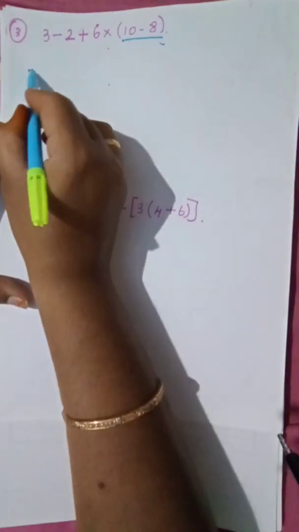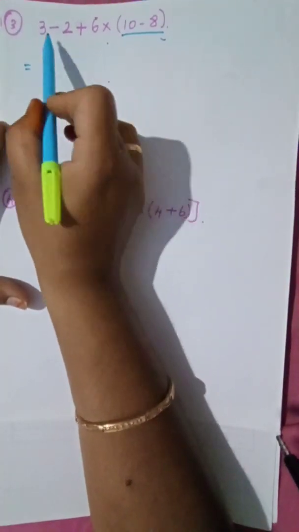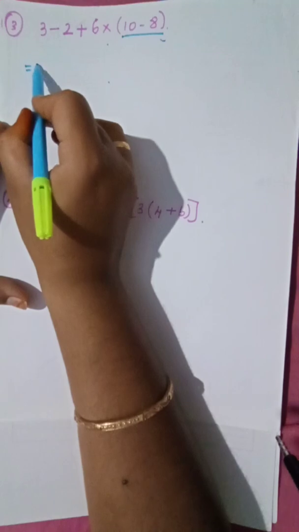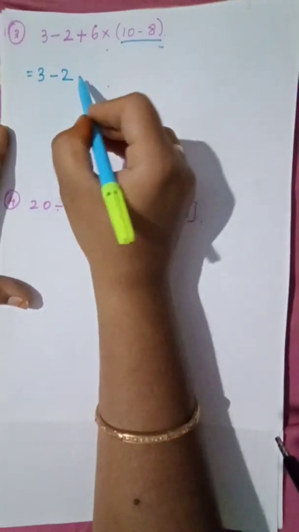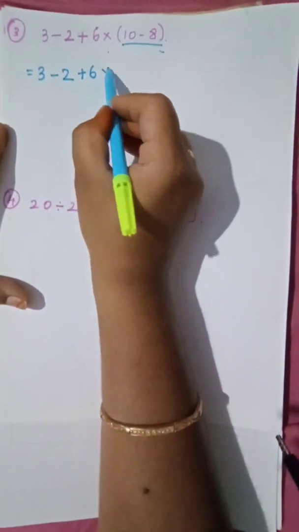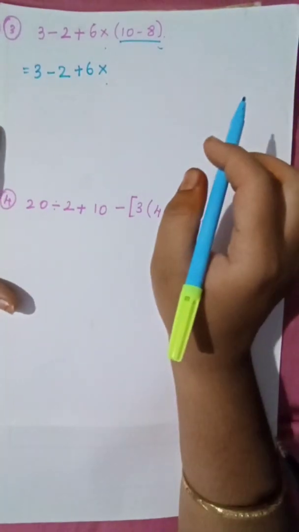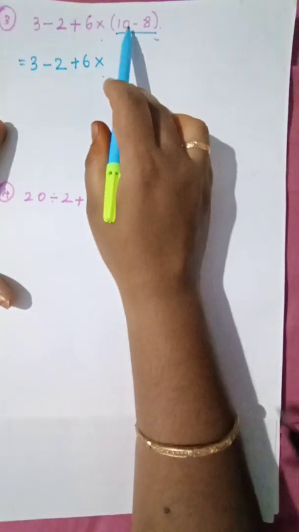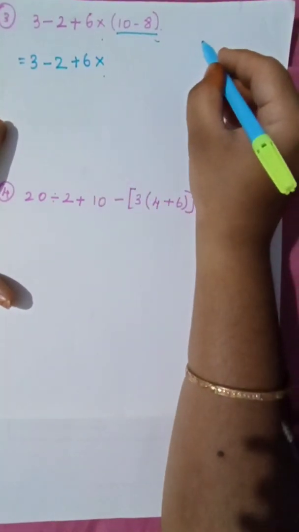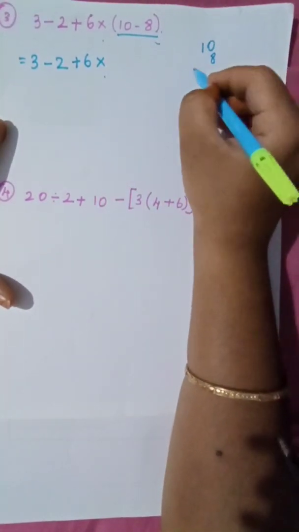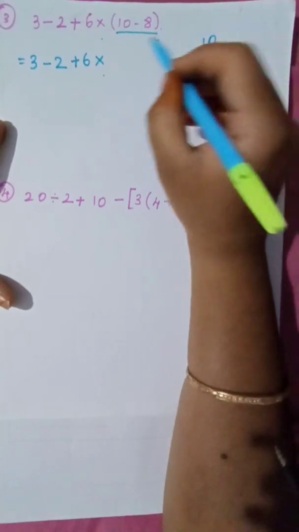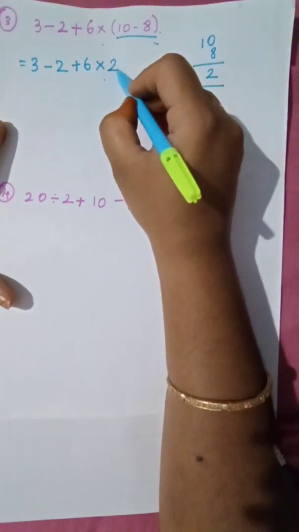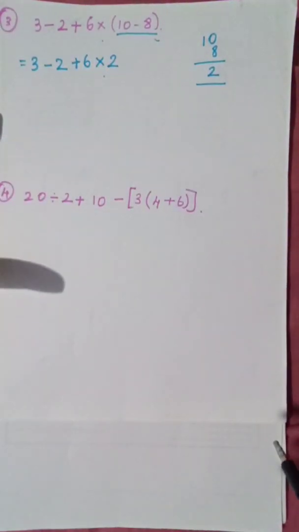Write equal to, then take all the numbers and write them down. So 3 minus 2 plus 6 into, you have to write the into also. Then 10 minus 8. Simply 10 minus 8 is what? 2. So we can just simply write 2 here. Clear? Can you understand?